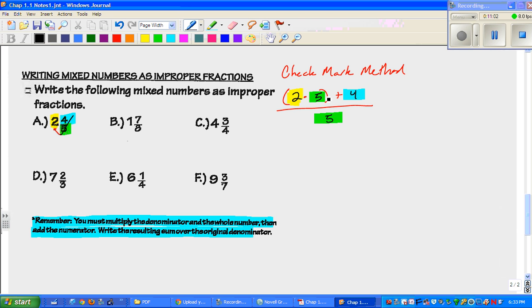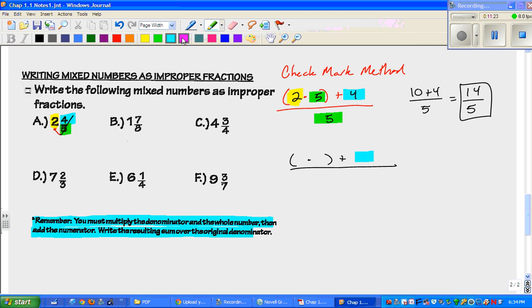Okay, order of operations, 2 times 5 is 10, plus 4 gives us 14 over 5. And that's it. And this same equation works for every single problem. Okay?